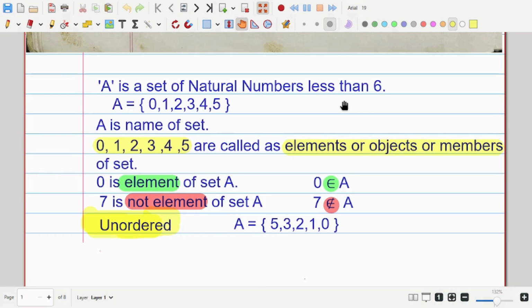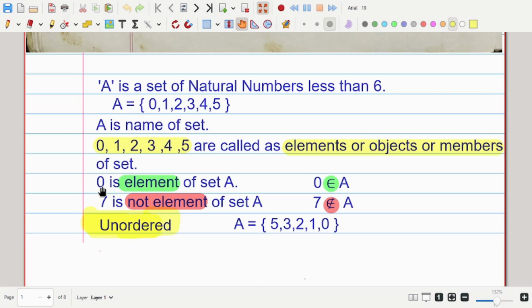Therefore, our set is a set of 0, 1, 2, 3, 4, 5. Here A is the name of the set and 0, 1, 2, 3, 4, 5 are called elements or objects or members of the set.